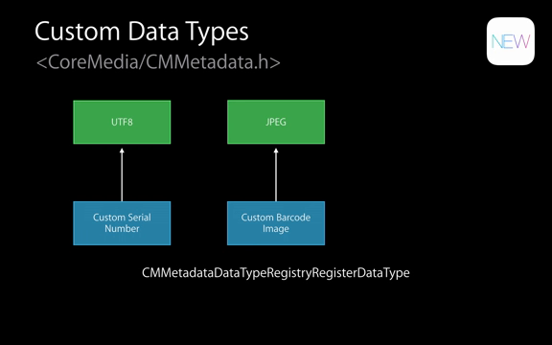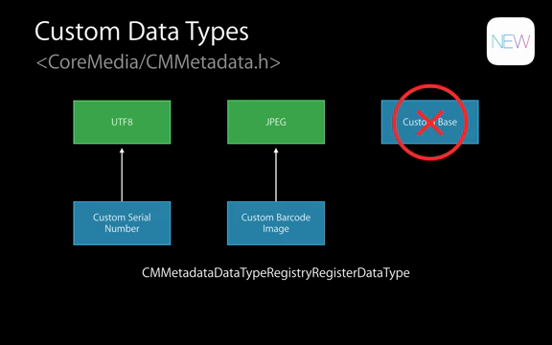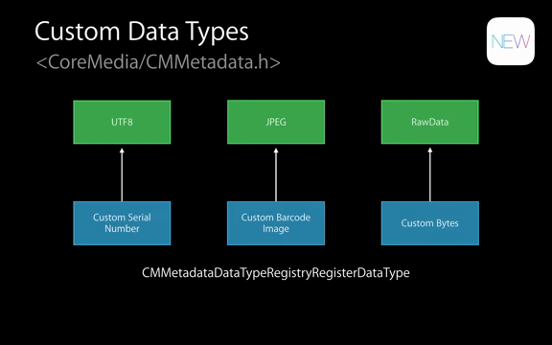You register your data type using the CM metadata data type registry registered data type function that's defined in Core Media. You can't create your own custom base types, but you can create your own custom type that conforms to our raw data built-in type if your data type really is just a custom sequence of bytes.